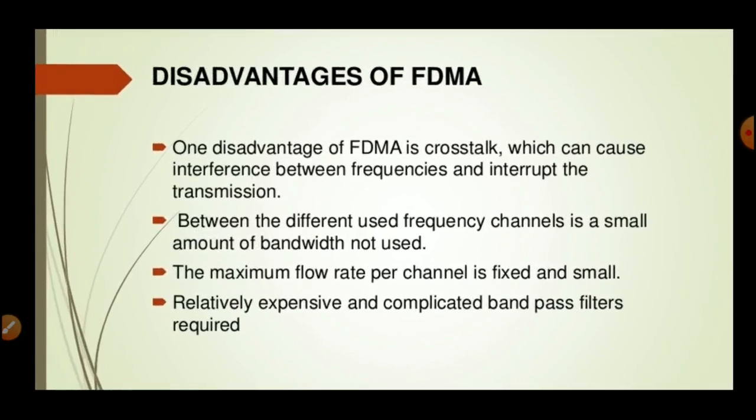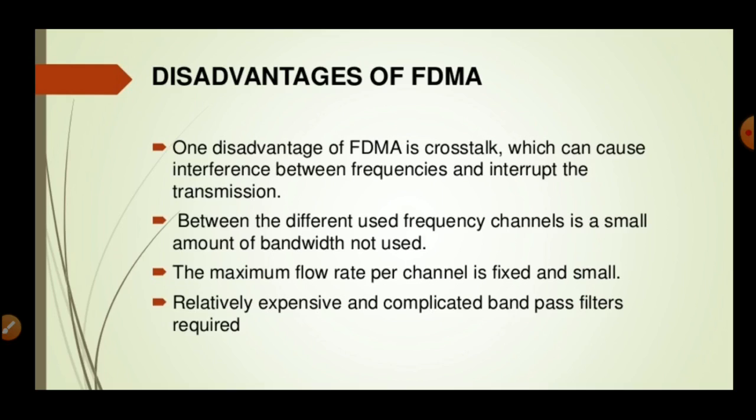Disadvantages. One disadvantage of FDMA is crosstalk, that is interference between the frequencies that interrupts the transmission. Second point, between the different used frequency channels, a small amount of bandwidth is not used.